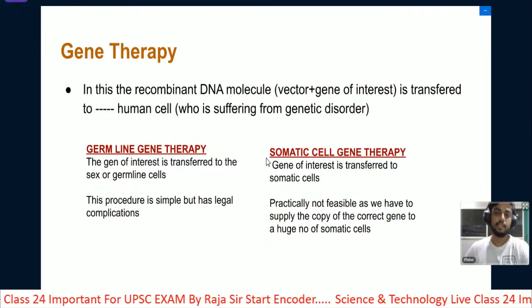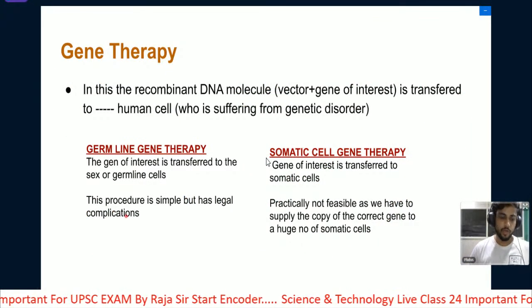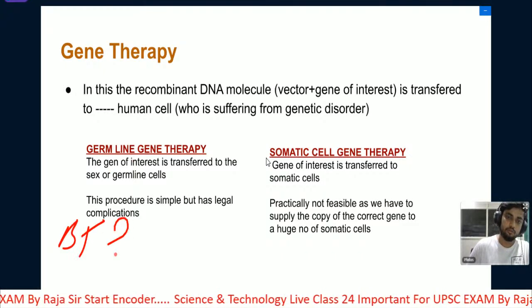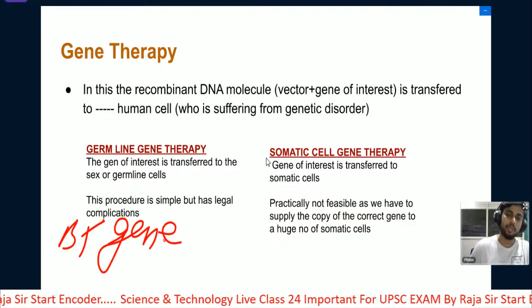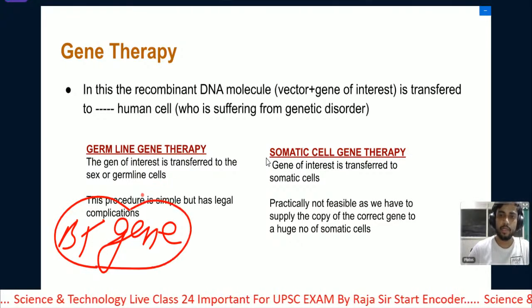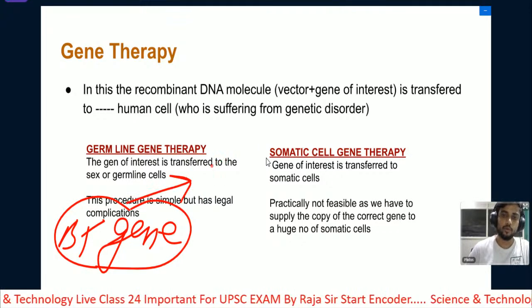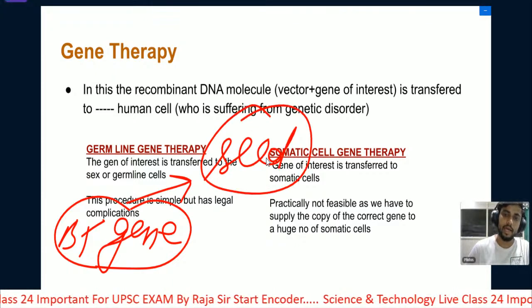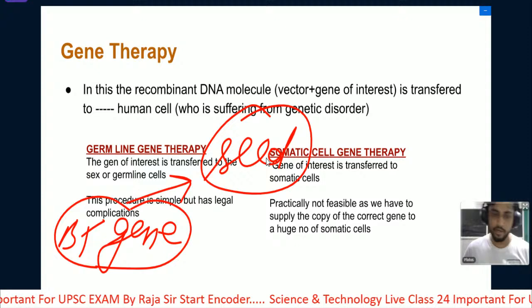Now by using genetic engineering, what you are doing is you have isolated the BT gene from the bacteria, and you have supplied it to the seed. Now the seed has the BT gene in it.